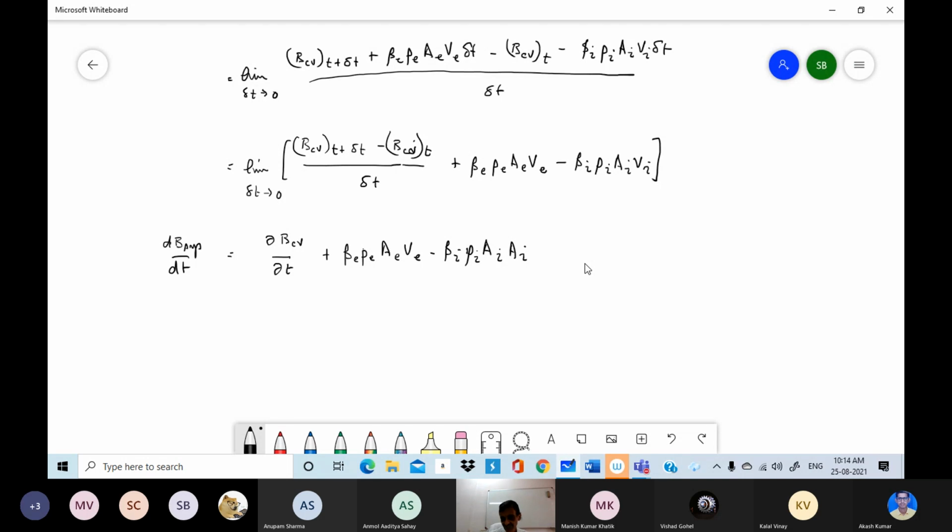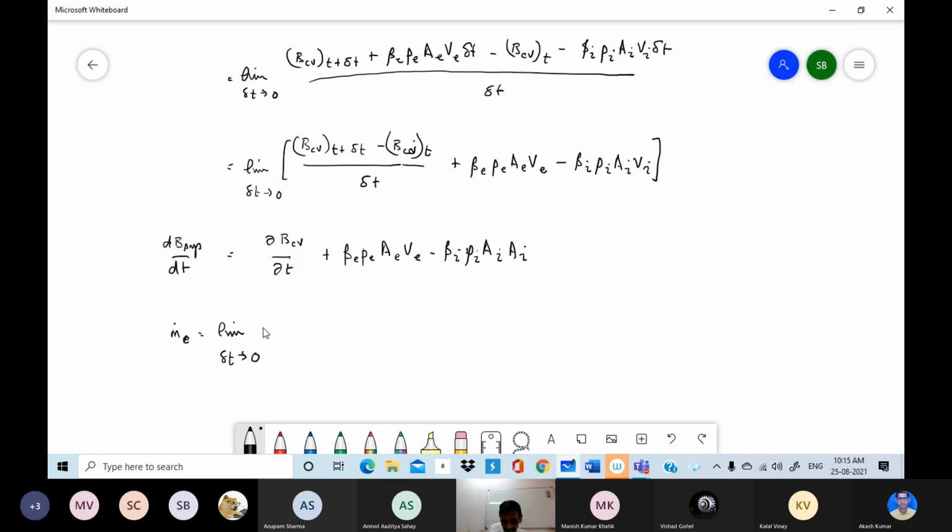So at the exit, what is the mass flow rate? If you see, that is the amount which has flowed out in time delta t. So the amount flowing out divided by the time will give you the rate at which mass is flowing out.